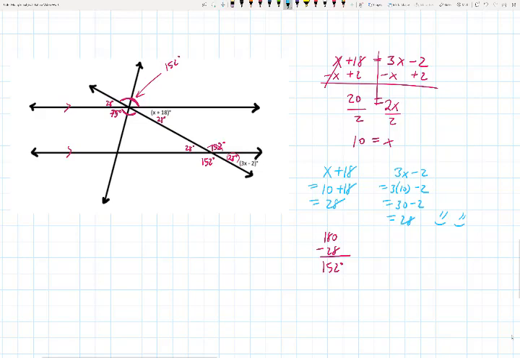So again, I'm trying to picture this line with this line cut by that transversal and trying to ignore all the mess, trying to ignore this other line there. And I would definitely say that that angle there is 152, right? That whole angle there is 152 degrees.